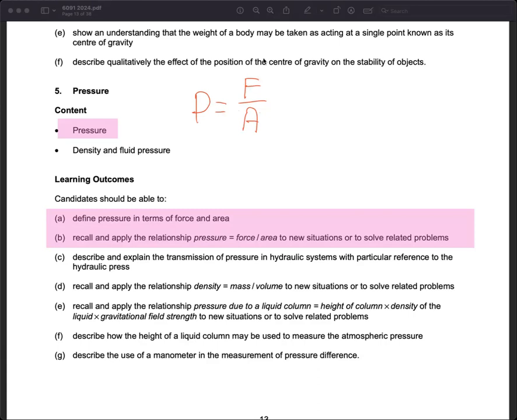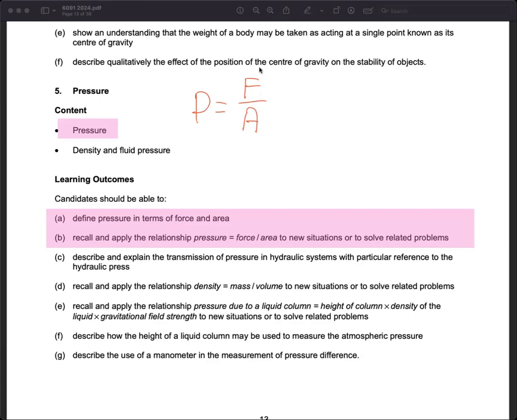Likewise, if you have a constant force, your force is the same. That force could be your weight. You are one person, but you wear different types of shoes. Some shoes have a big area, some shoes have a small area. So if you are the weight standing on the ground with a different area, the bigger the area, the smaller the pressure. Can you appreciate that?